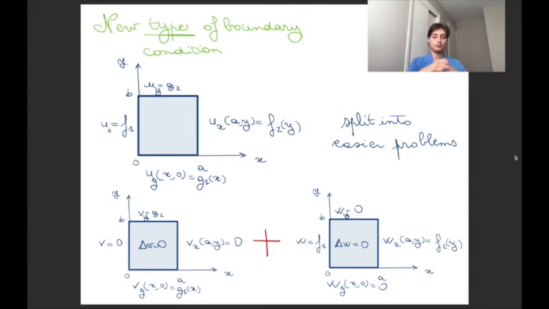We can always split into easier problems, and we can choose the easier problems as long as, summing it up, we succeed in reconstructing what we wanted. This is fine. And the two easier problems we're going to be solving are the ones that associate trivial Neumann boundary conditions with respect to x and trivial boundary conditions with respect to y.